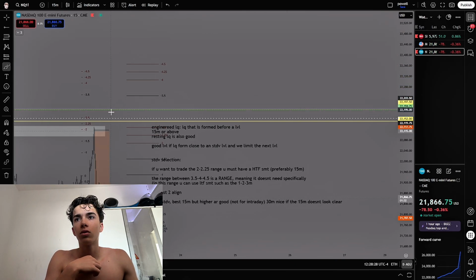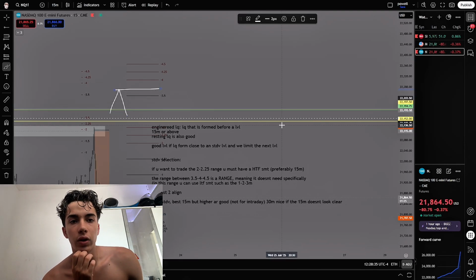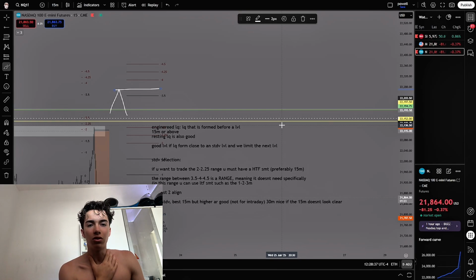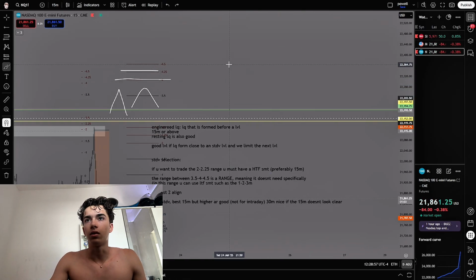It could also do like this, in between the levels, because it's a range. We don't want to see the price touch each level perfectly, but it's fine also in between, so like this or like this or like this.